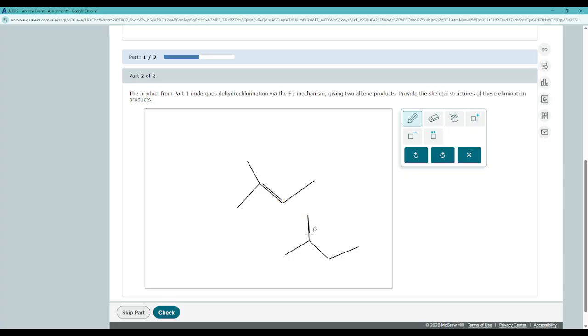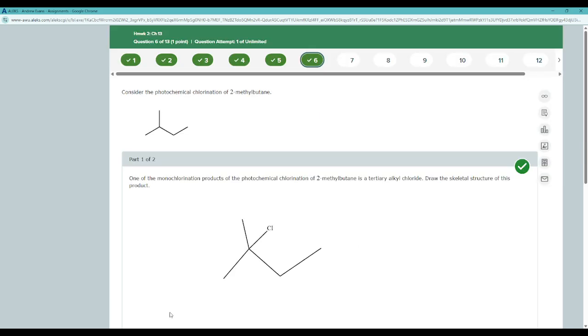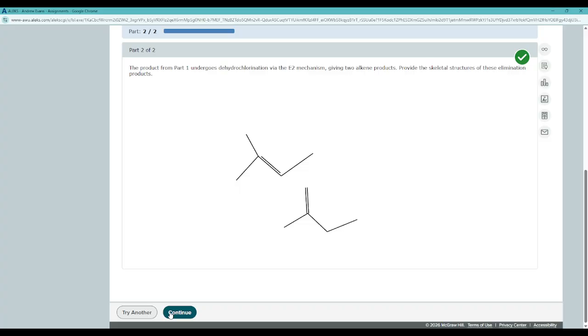I could also form an alkene here. The major product is going to be here, the most substituted alkene. The minor product would be the least substituted alkene, but you would still get a mixture of the two. So we cannot avoid that.